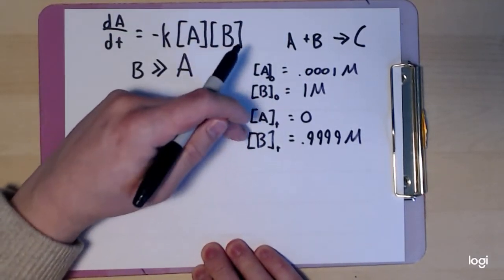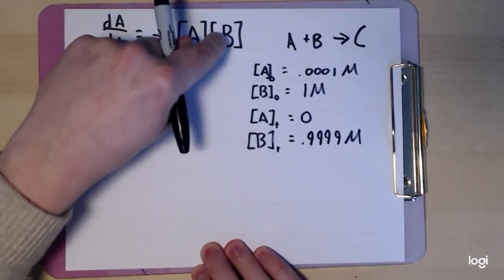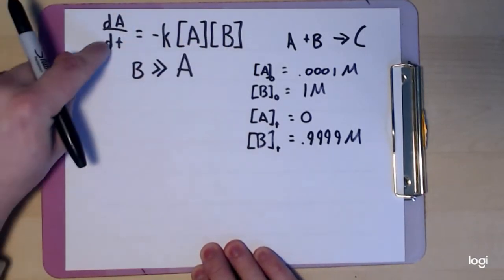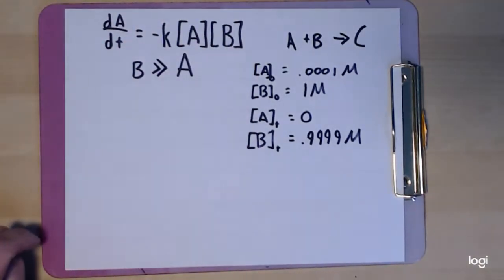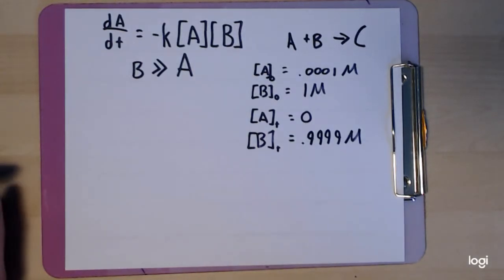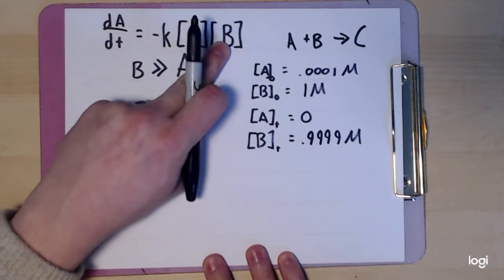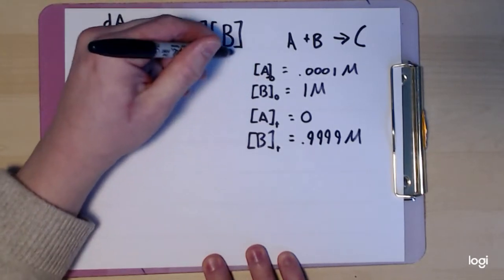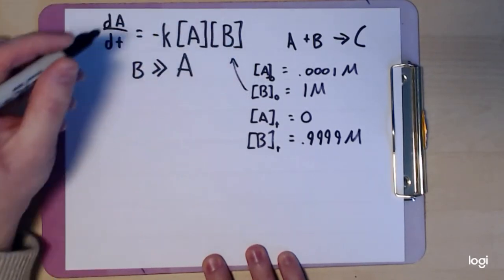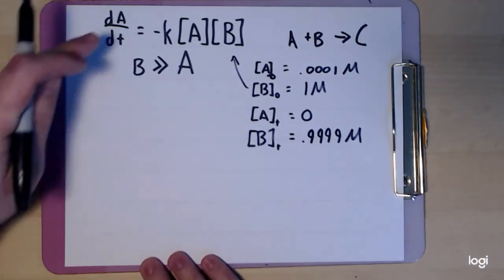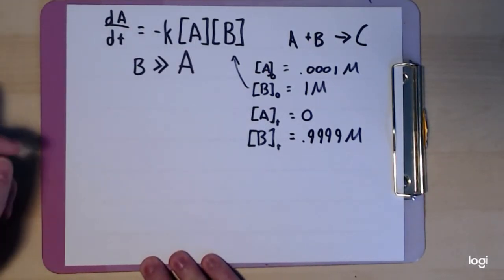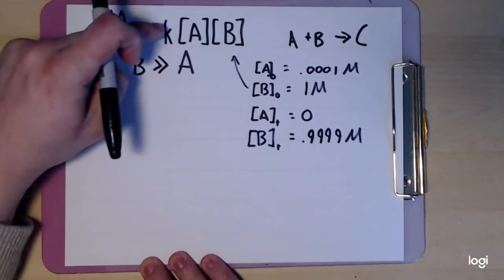And so because B changes very little, this B up here in this term also changes very little as the reaction progresses. And so what you can do is essentially treat this B as a constant, plugging in B0 into that B. And then this simply becomes a first-order rate equation, because this is a constant, this is a constant.